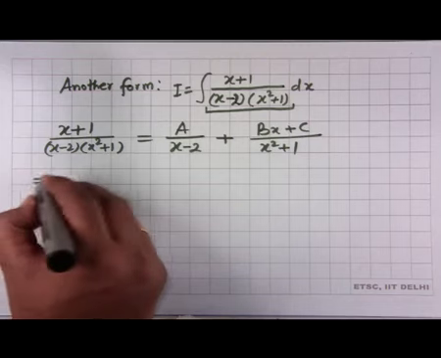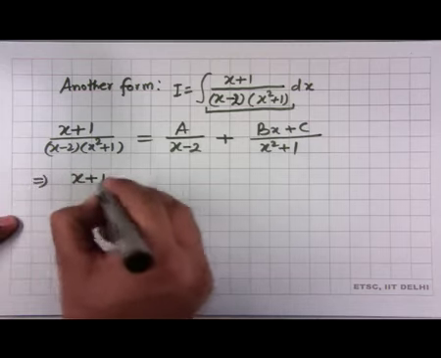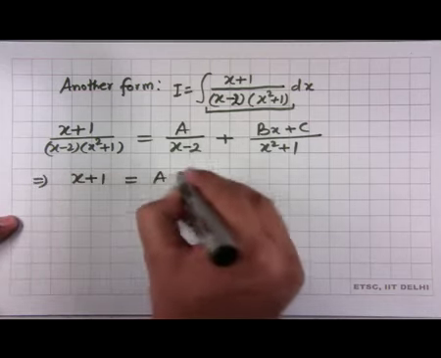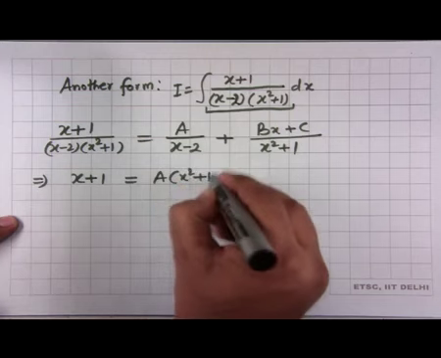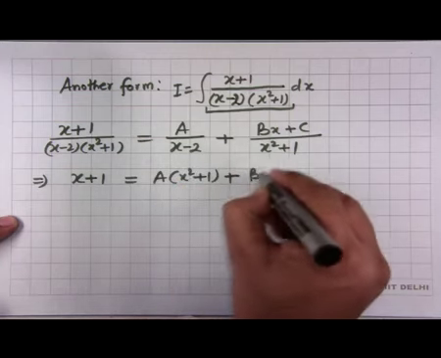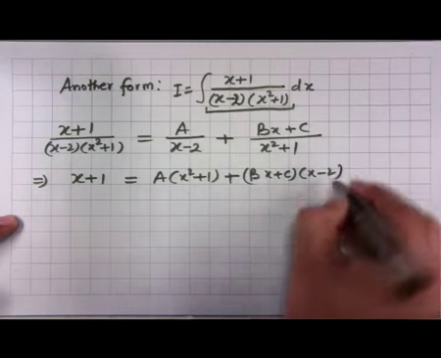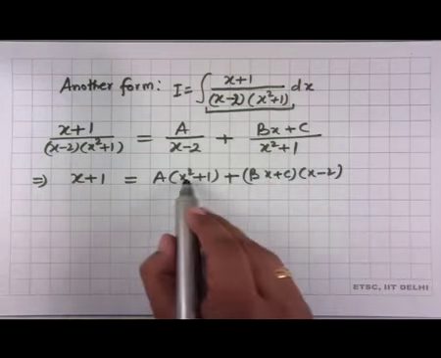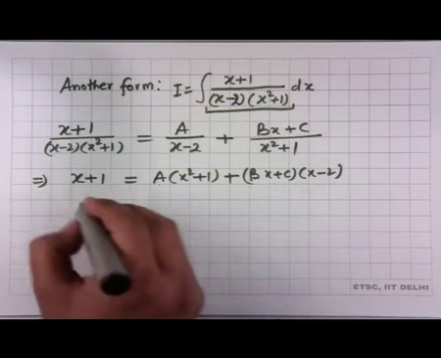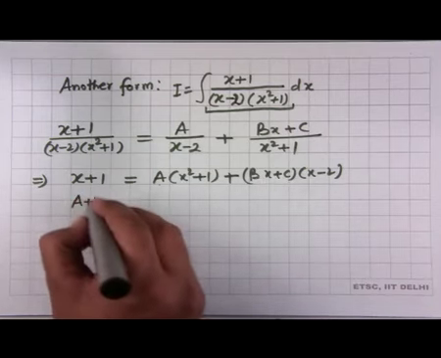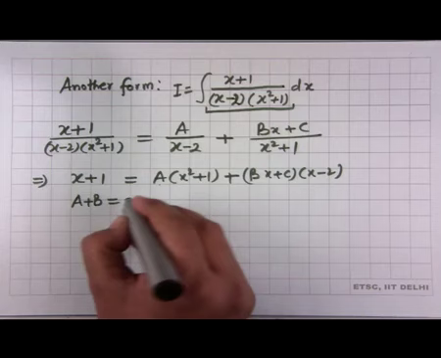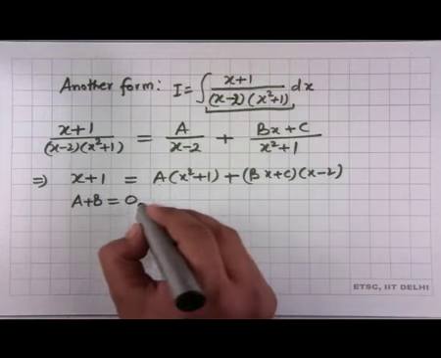So, simplifying this, we get the left hand side as a linear polynomial, and the right hand side we get a times x square plus 1, plus bx plus c times x minus 2. So, you can see there a x square and here you will get bx square. So, a plus b, since on the left hand side there is no x square, therefore a plus b equals 0.